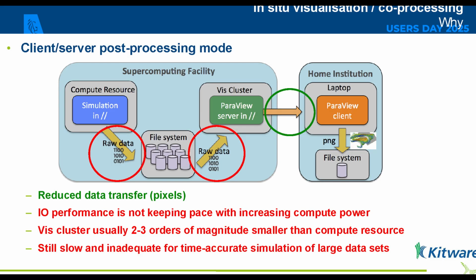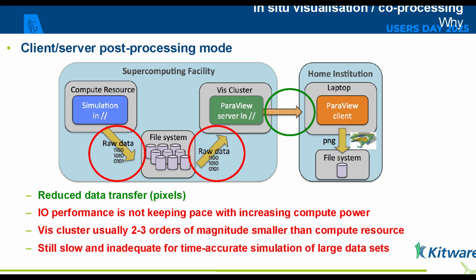So even if we have improved in some sense the way to write checkpoints and data to disk, the I/O performance is clearly not keeping pace with the increasing compute power. So writing to disk is slow and will be even slower compared to the pace at which you are generating your data.